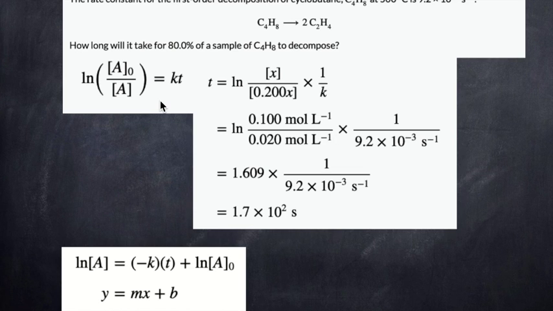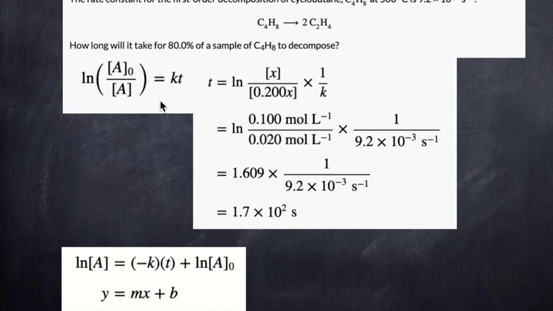How about A naught and A? Well, it says here 80% will decompose, which means that 20% will remain, which leads us to a value of 0.2x and A naught being x. So with this, we can cancel x and solve for the variable t, which is equal to 170 seconds.